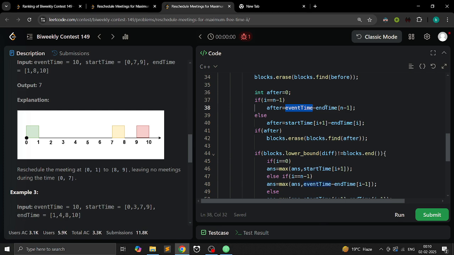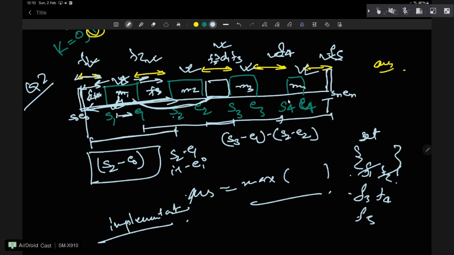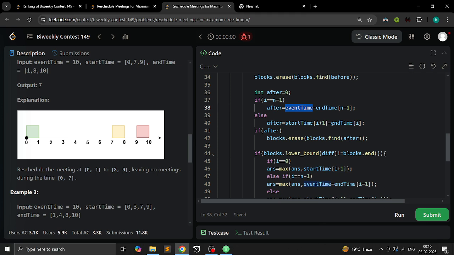Otherwise, it is the start time of i plus 1, like S4 minus E3. If you are calculating for this, the gap is the start time of i plus 1 minus the current end time. I remove after also. I remove before and after.